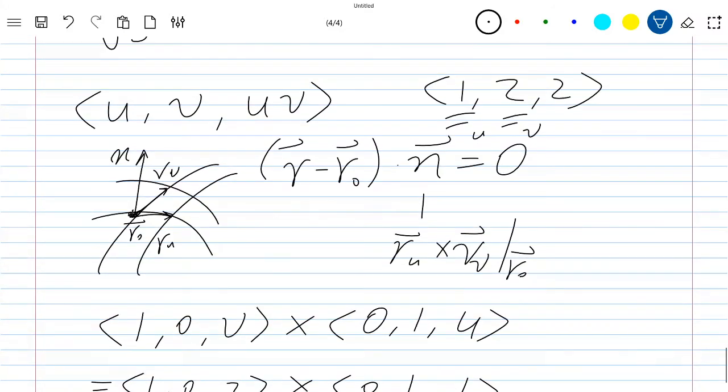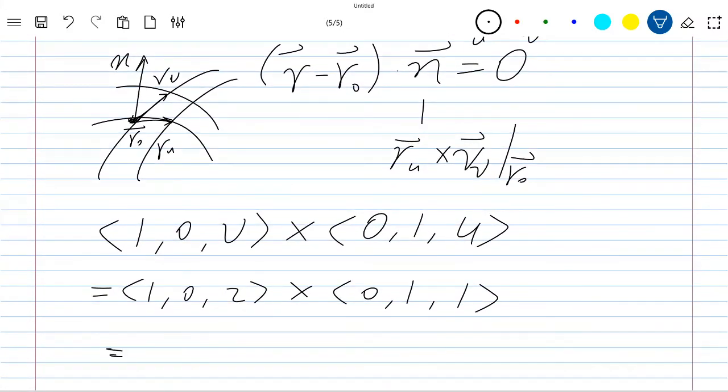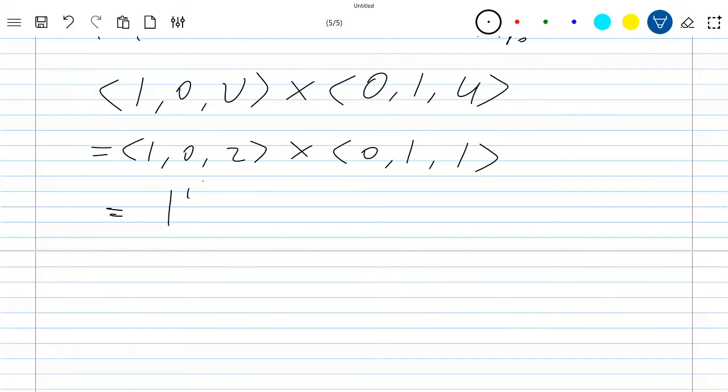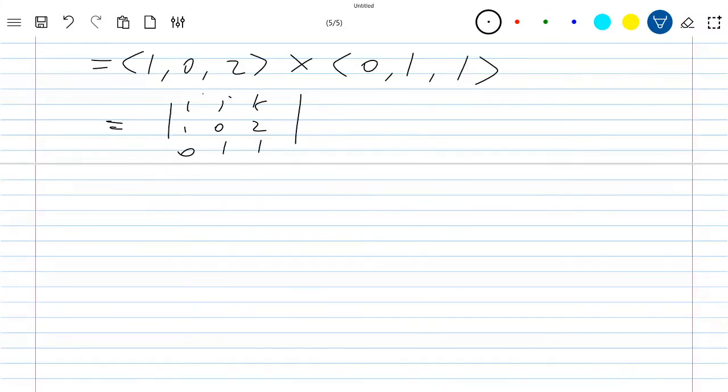And what is that? ijk, 1, 0, 2, 0, 1, 1. Just be careful. You get 0 minus 2, and then 0 minus 1, and the last one is 1 minus 0. Okay, so that's your n.